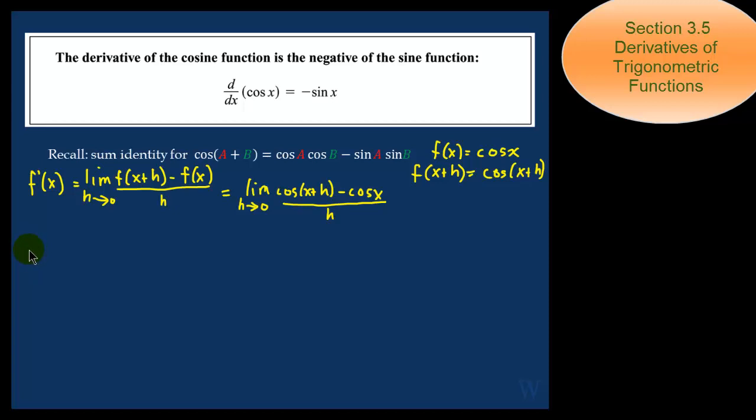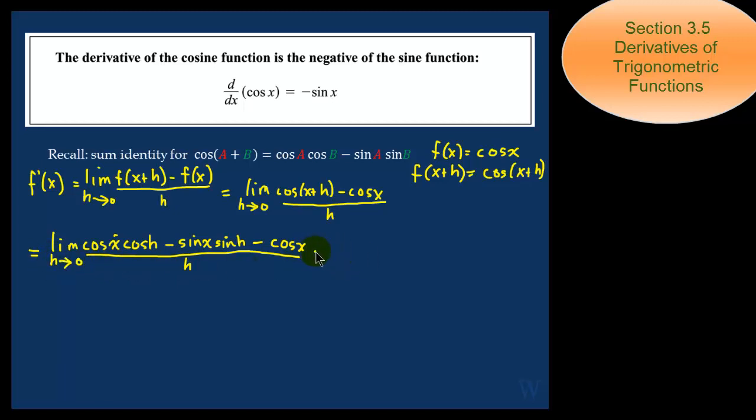So let's go ahead and substitute, and what we will get will be the limit of the cosine of x times the cosine of h minus sine of x times sine of h minus cosine of x. Everything is divided by h, taking the limit as h approaches 0.